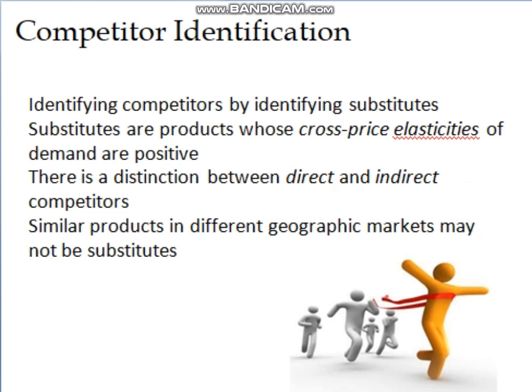Identifying competitors by identifying substitutes. Substitutes are products whose cross price elasticity of demand is positive. And there is a distinction between direct and indirect competitors also. Similar products in different geographic markets may not be the same substitute. So to identify the competitor, we identify the substitutes.